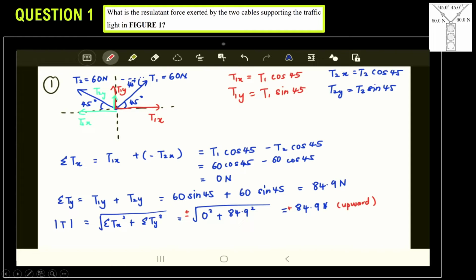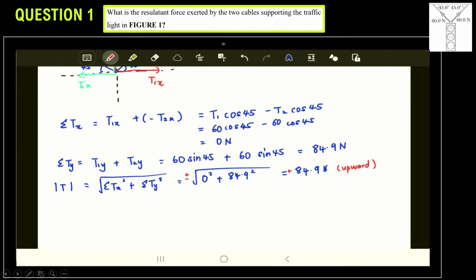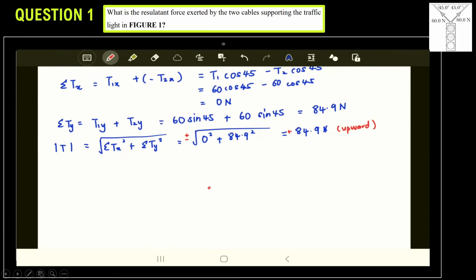If we ask what is the weight of this traffic light, you can see here we have T1 and T2, and here we have the weight of the traffic light, which is in the downward direction. Since the total Ty is upward, and total Ty is equal to 84.9 Newton, the weight of the traffic light also equals 84.9 Newton.